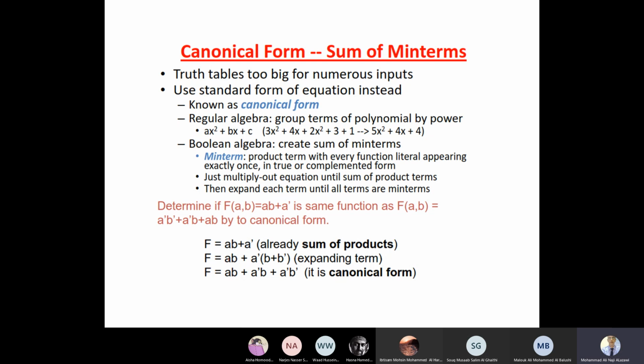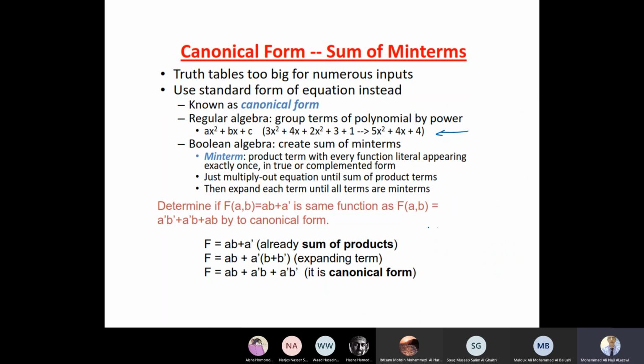Now, see this example. In regular algebra, you group terms of a polynomial by power. For example, this one, ax squared plus bx plus c. If you remember the polynomials, you studied them in general foundation program mathematics.